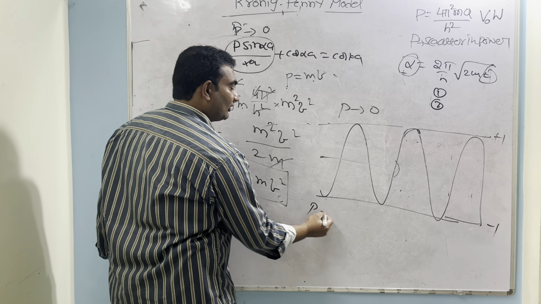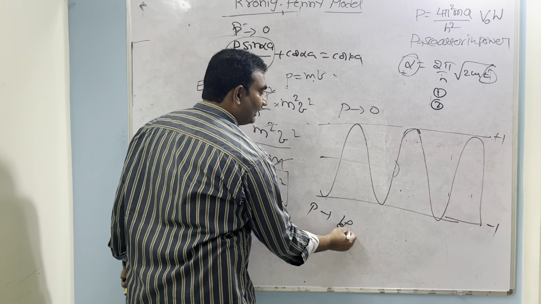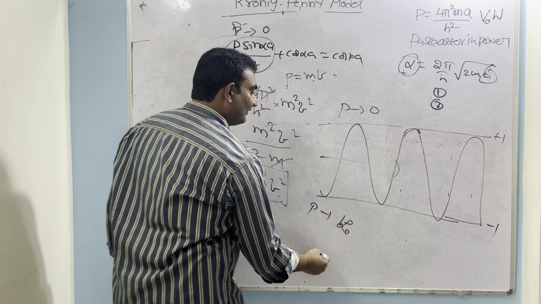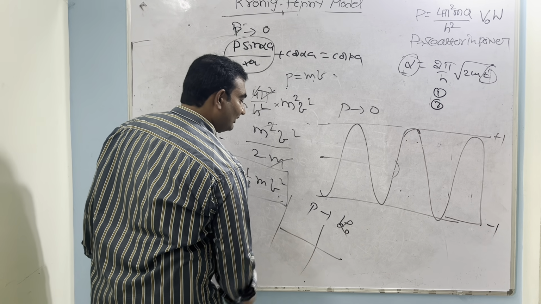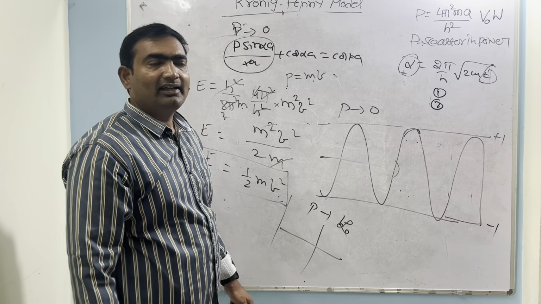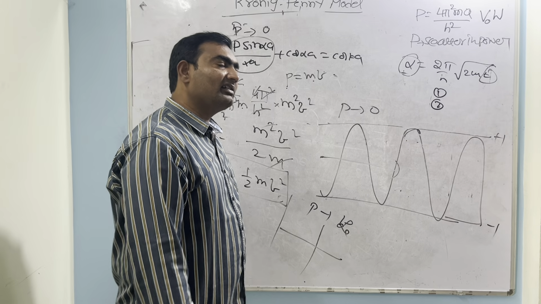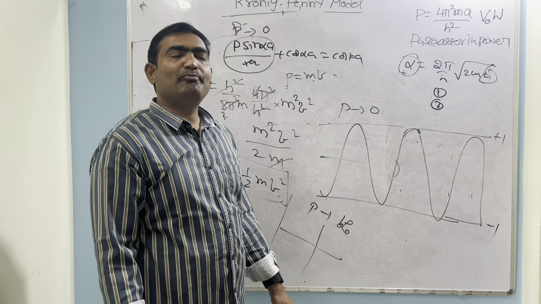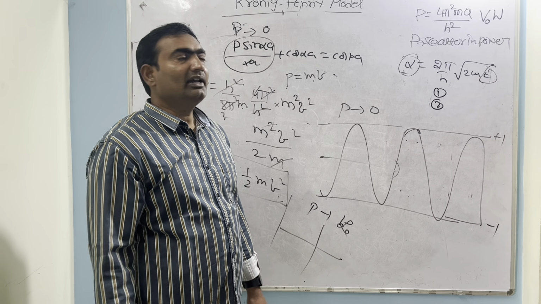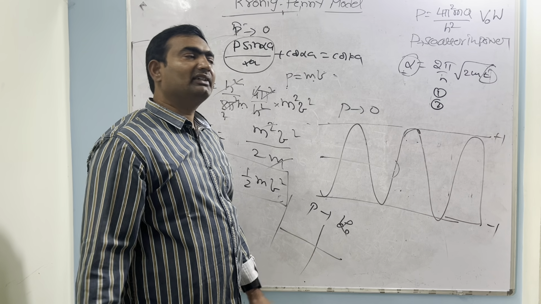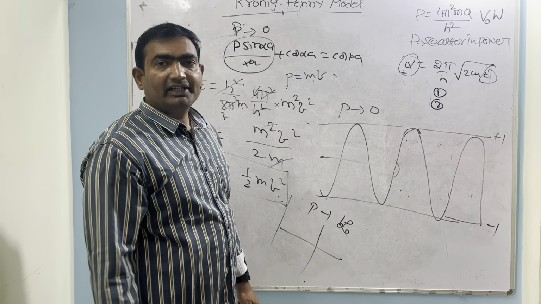As P tends to infinitely high, the allowed energy value becomes a single, discrete energy level. So this is the Kronig-Penney model, which explains the formation of energy bands in solids, and it also discusses the behavior of the electron in the periodic potential.